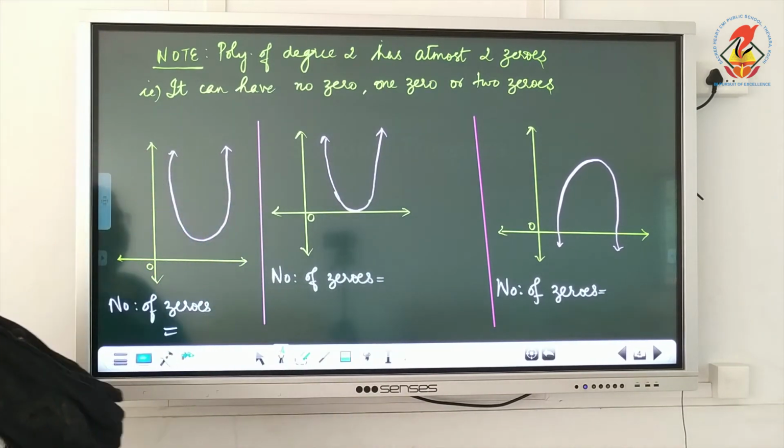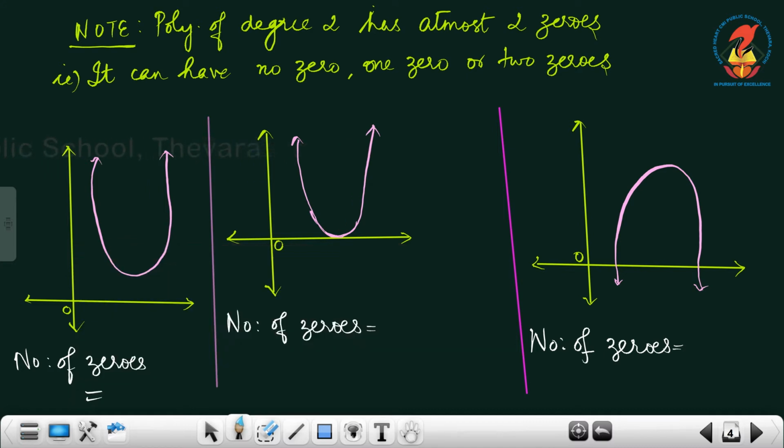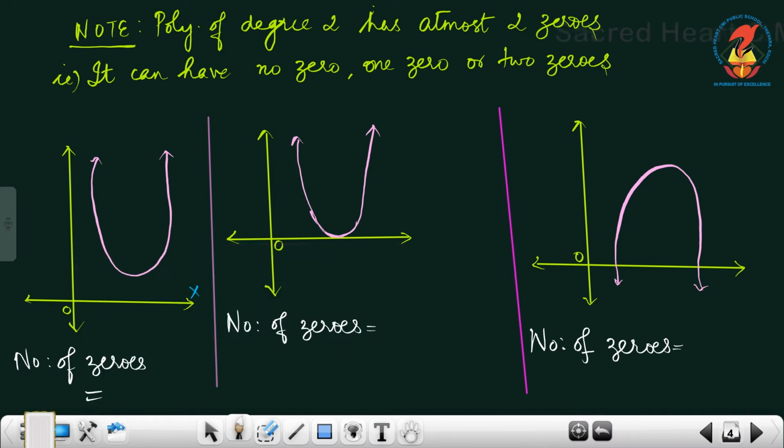Now, look here, children. In the first graph, a parabola. If it is a parabola, definitely it is a second degree polynomial. Does the parabola touch the x-axis? No, the parabola does not touch the x-axis. Then we can say that the number of zeros is equal to 0.